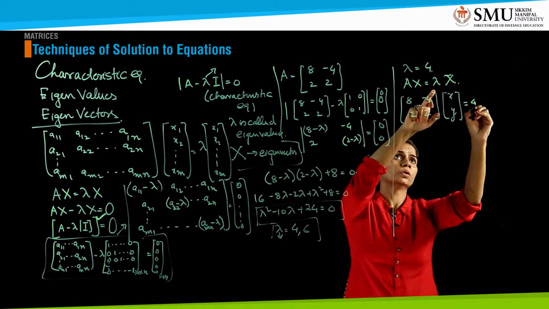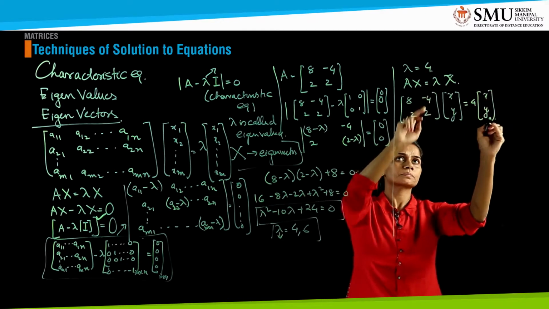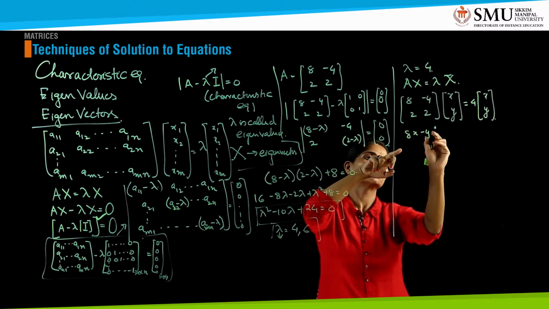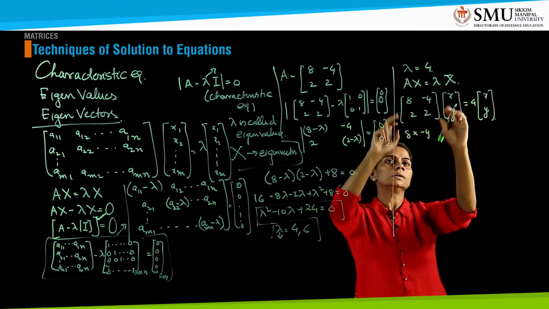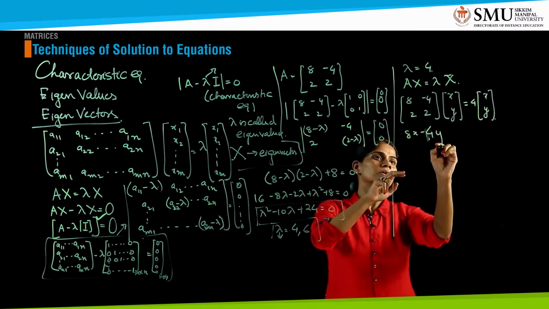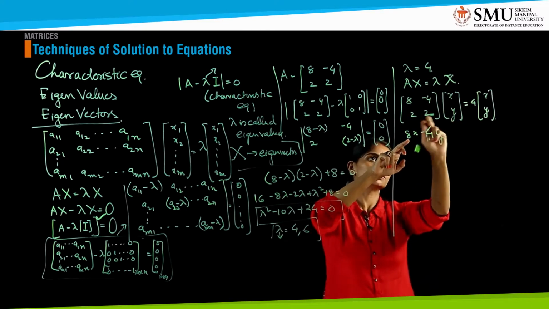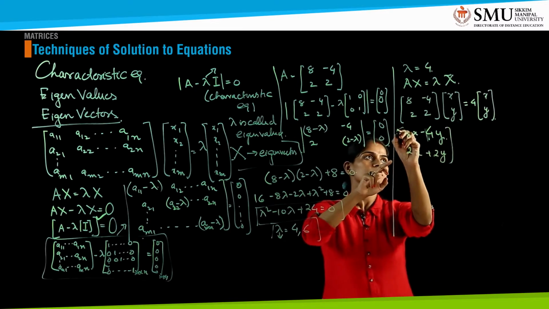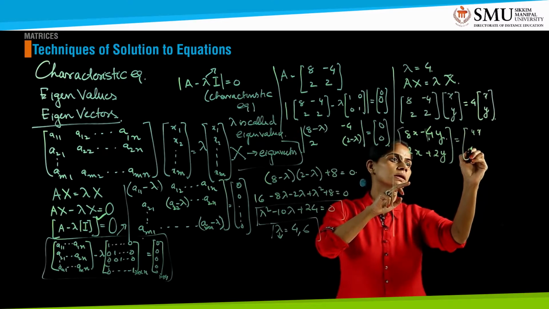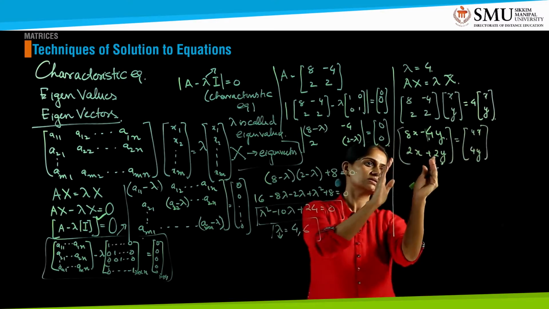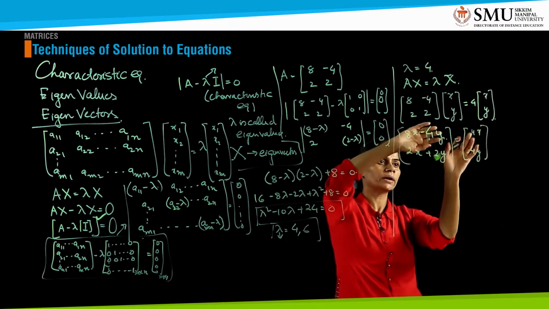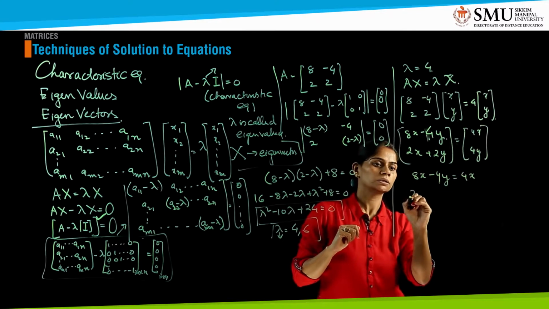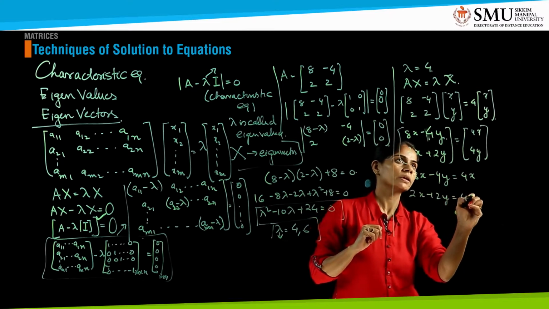This equals 4 times xy. Multiplying it out, it becomes 8x minus 4y in the first row, and 2x plus 2y in the second row, equal to 4x and 4y. Equate the terms on both sides, since component-wise the elements are equal. This implies 8x minus 4y equals 4x and 2x plus 2y equals 4y.